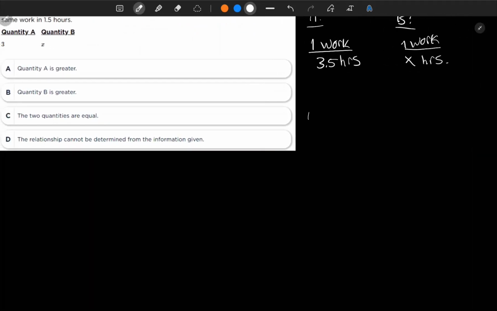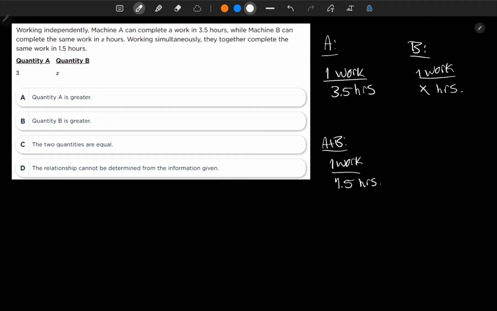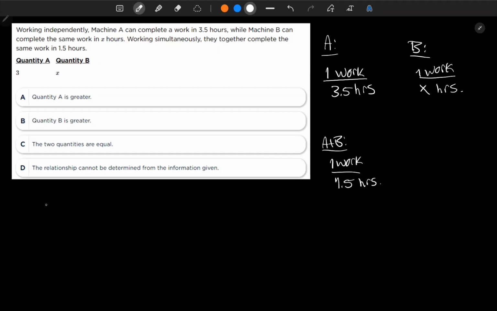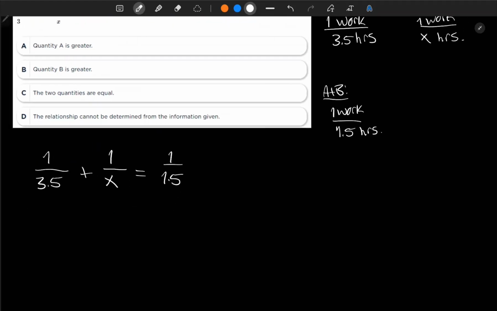Together, so A plus B, they complete 1 work every 1.5 hours. So we have what A plus B is, and we have A and B independently, so we can just add them all together. So we have 1 work divided by 3.5 hours plus 1 work over x hours is equal to the combination of the two machines, which is 1 work over 1.5 hours.